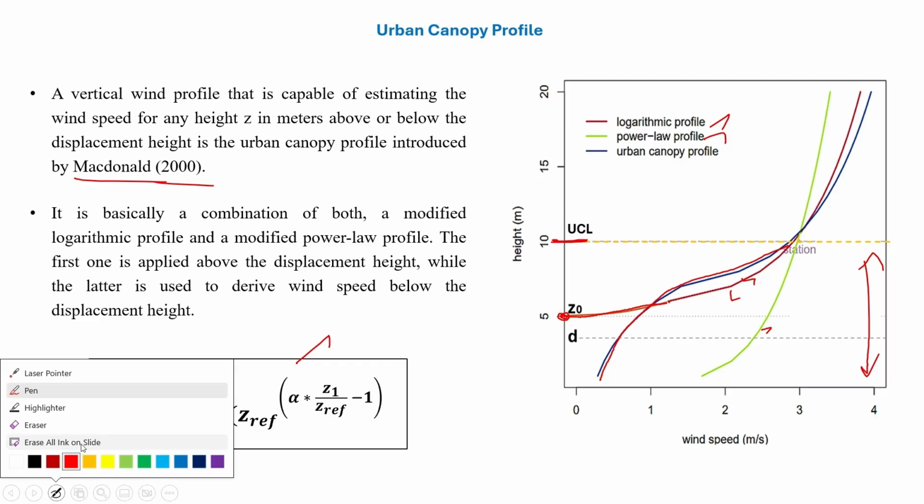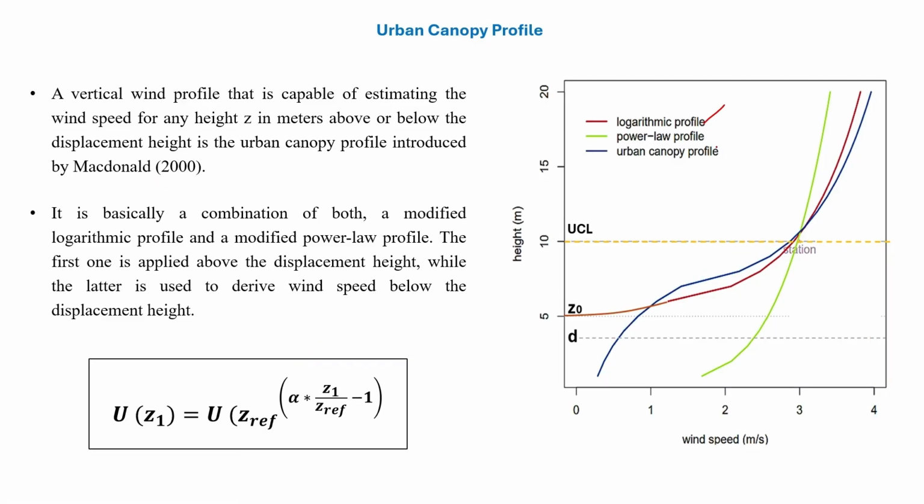It is a combination of the logarithmic profile law and power law. It applies the logarithmic law above this D, the zero displacement height, and the power law below this D. Using that, it finds the approximate profile within that urban canopy layer.